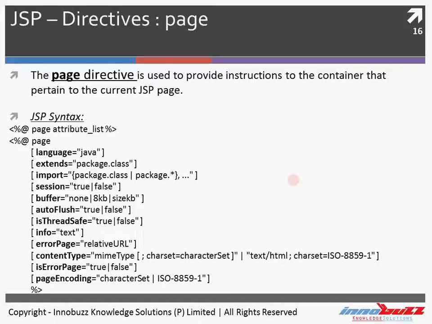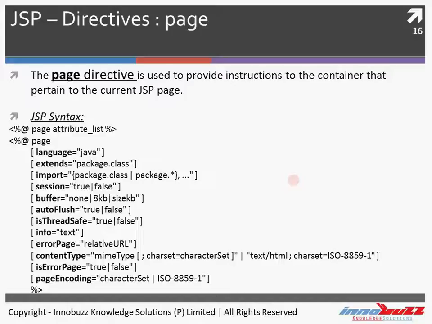After which we have import, which imports all the packages necessary for the JSP page to be added in business logic. For example, we have javax.servlet, java.lang, java.util. All kinds of packages available in Java can be imported using this import attribute.